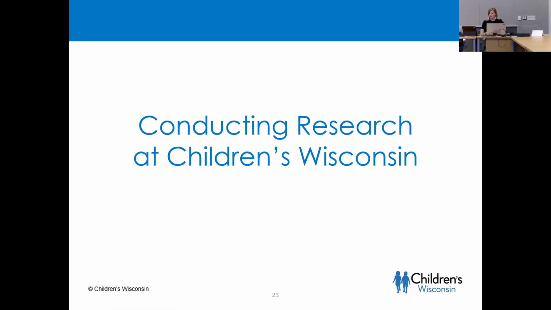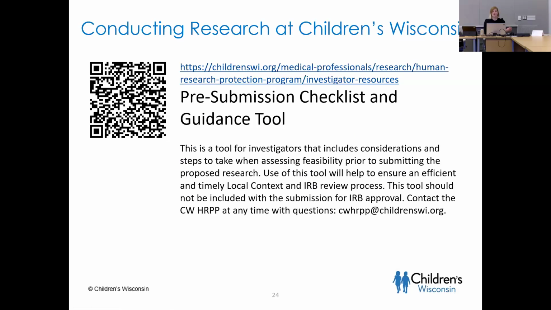And then I just wanted to, with the last few minutes, point to a few slides that we have included. Our lovely team over at Children's sent over a couple of informational slides. The first one, and there's a QR code to link to this, is the pre-submission checklist and guidance tool.